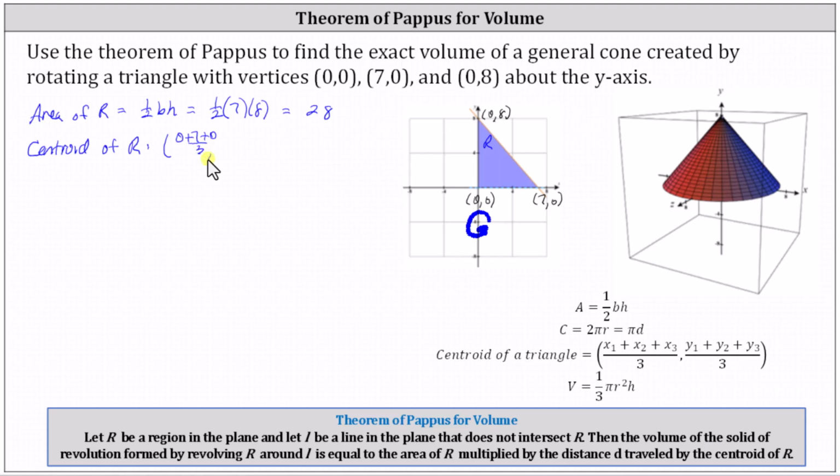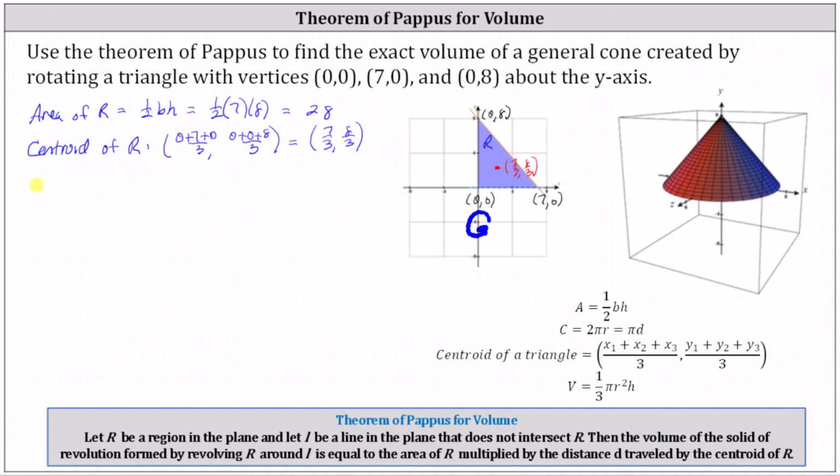And the y-coordinate is the sum of 0, 0, and 8 divided by 3. Which indicates the centroid of the region R, or the triangle, is (7/3, 8/3). Let's approximate this point on the coordinate plane, which should be approximately here.